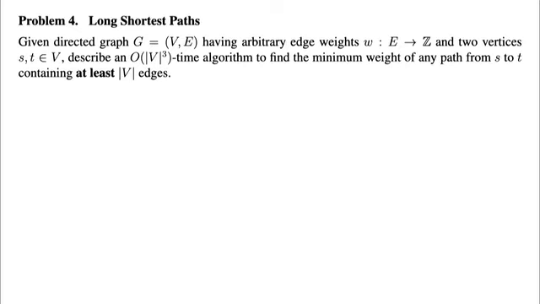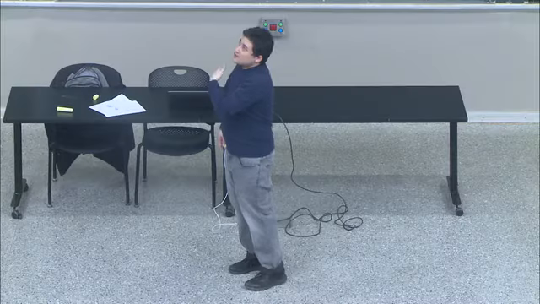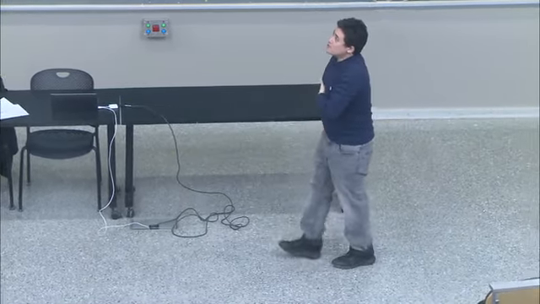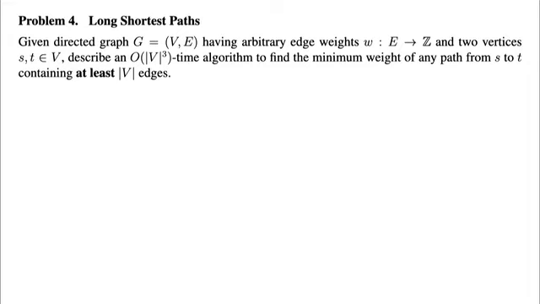I can just run Bellman-Ford on this graph. I have enough time to do that because E is upper bounded by v squared, and I have v cubed time. And if there's a negative weight cycle in my graph, I can know that the minimum weight of any path is minus infinity. I detect that that's the case if T is reachable from S with a shortest path distance of minus infinity, since the path that achieves that is going to have more than v edges.